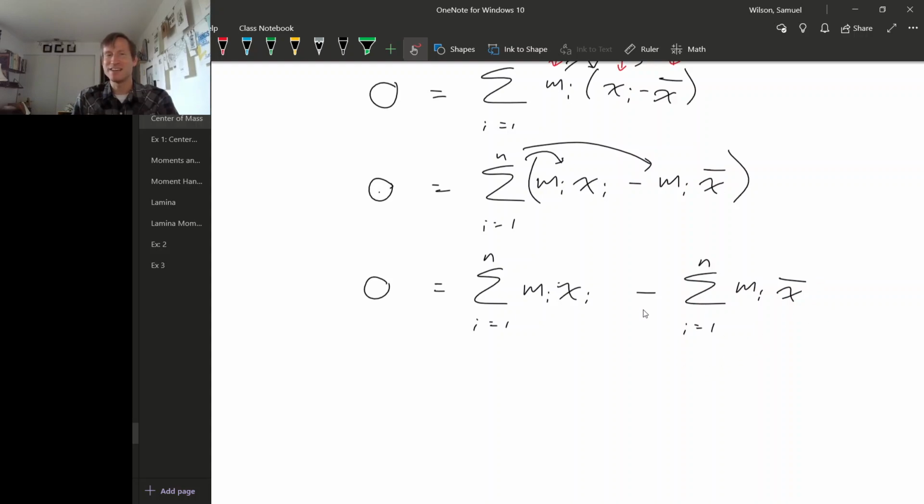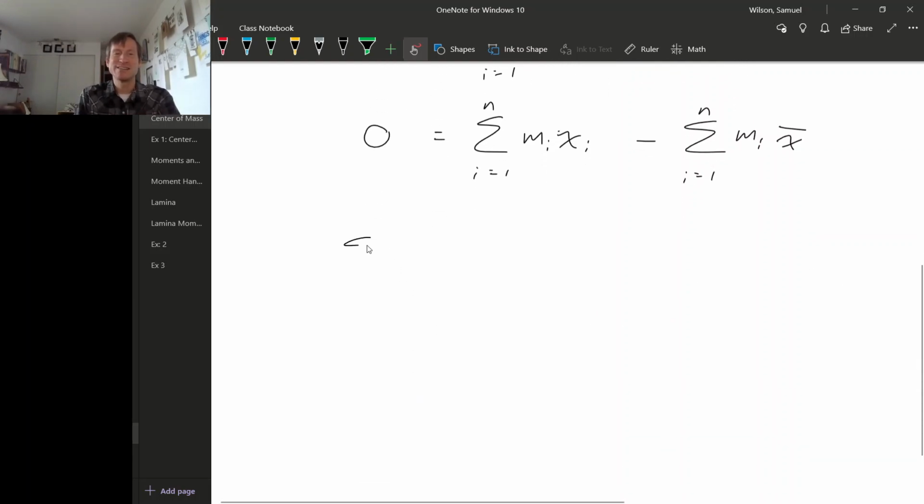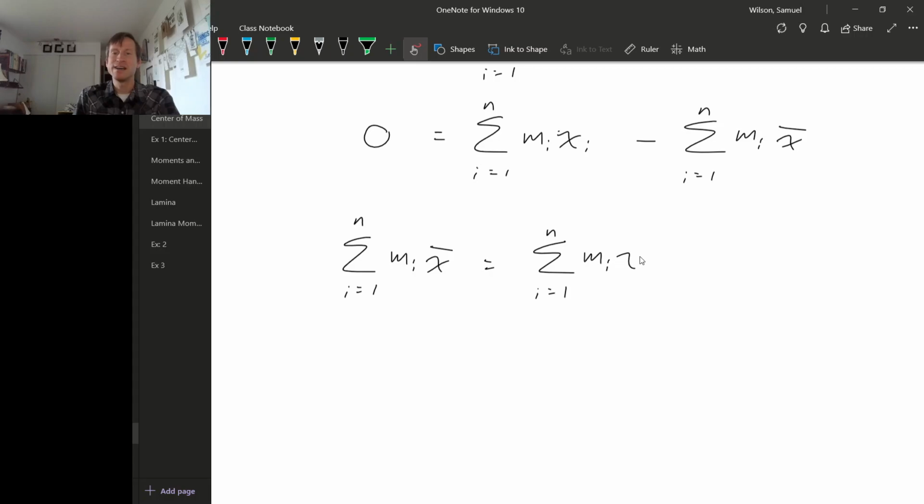Let's move the piece that has x bar in it to the other side of the equation, since x bar is what we're trying to solve for. So we get the sum from I equals 1 to n of m sub I times x bar equals the sum from I equals 1 to n of m sub I, x sub I.